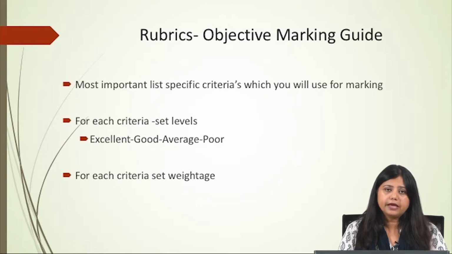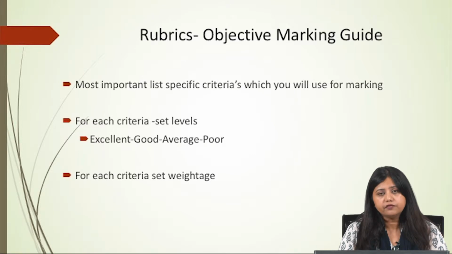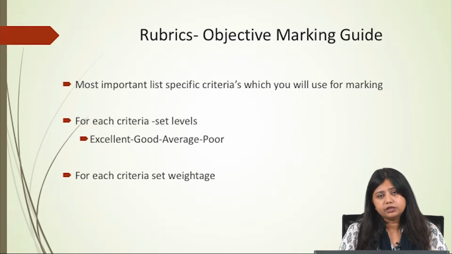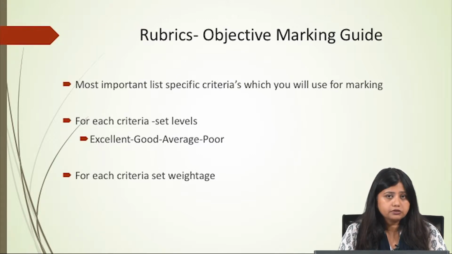As I said, as an examiner, we all have our criteria on which we are going to mark a student. So the first and the most important thing is to list down all the specific criteria which you are going to use for marking. Going back to the same example of oral presentation, I will be using criteria like the content, the introduction, how well the student presents the introduction, and communication skill.